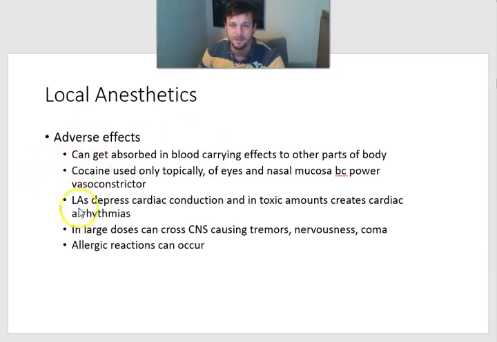And then cocaine. While most of these are vasodilators, cocaine is actually a vasoconstrictor. And so cocaine is still used in some medical treatment, especially for eyes or nasal mucosal surgery, because it is a vasoconstrictor. And so it's going to constrict those blood vessels in that area.